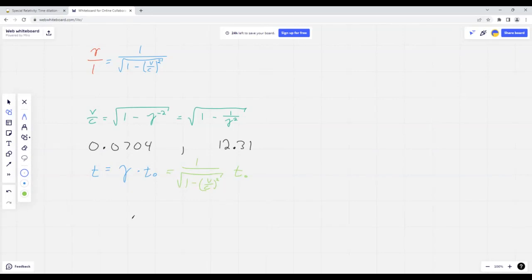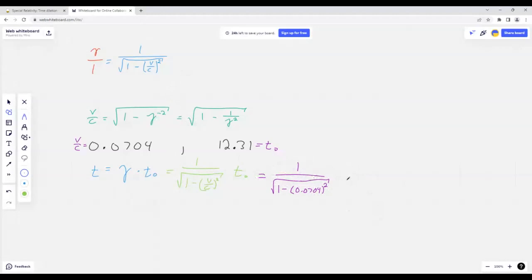Okay, so if we're going to use v over c this time as that first number, and if we're going to make this our proper time following the instructions in question 14, then we have places for those things to go in this equation. So 1 over the big square root of 1 minus the decimal 0.0704 squared, because that's part of the original definition.